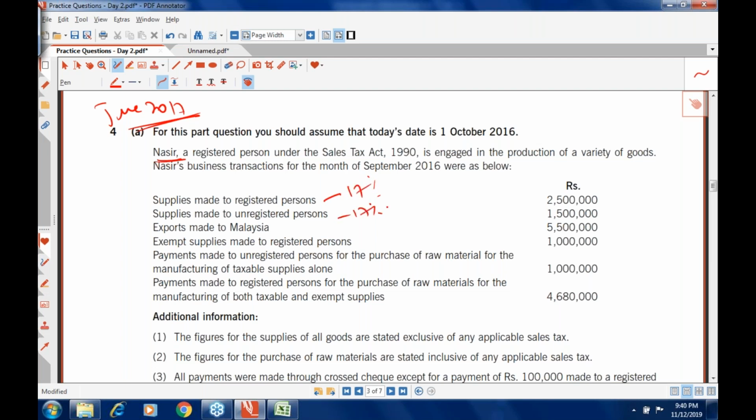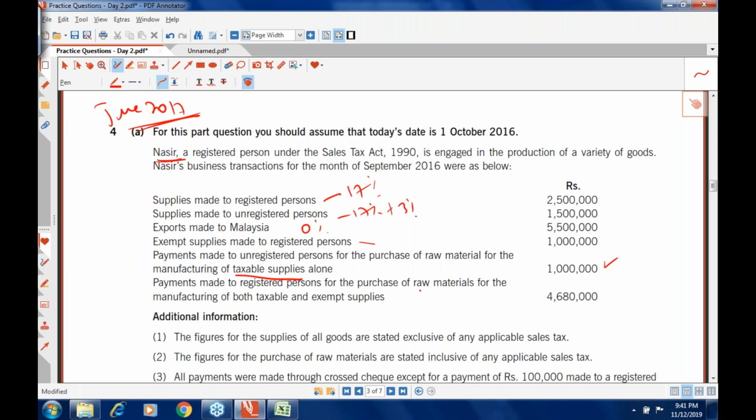Unregistered person is 17 plus 3%. Exports to Malaysia, 0%. The exempt supplies, no application. It says payments made to unregistered person for the purchase of raw material for the manufacturing of taxable supplies only. This is taxable, so the input can be claimed here.